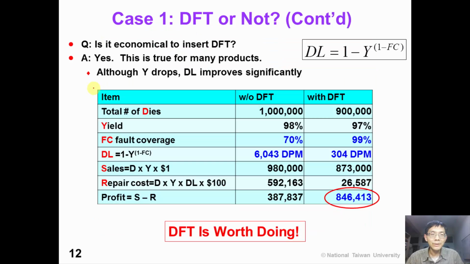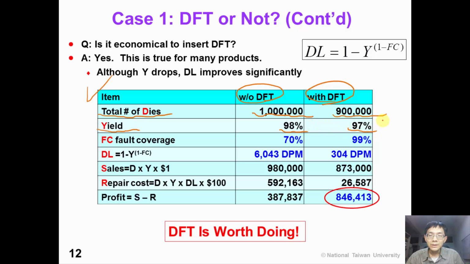Continued from the previous slide, this table shows a comparison without DFT and with DFT. Suppose that we manufacture 1 million dies for the design without DFT. For the design with DFT, because the area is larger, we only have 900,000 dies manufactured. The yield of the first case is 98%.